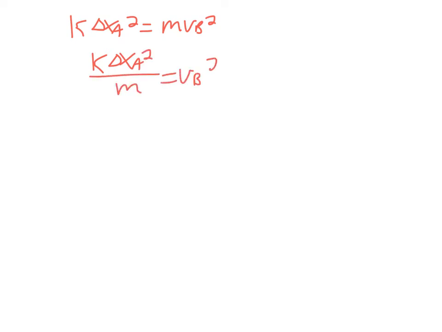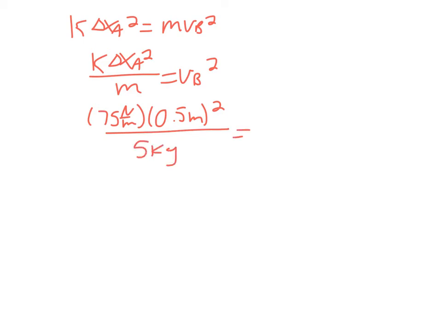My 1/2s cancel out since it appears on both sides, so K delta X at A squared equals M V at B squared. Isolating for V at B, I get K delta X at A squared over M equaling V at B squared. My K, 75 newtons per meter, times delta X at A, 0.5 meters squared, divided by my mass of 5 kilograms equals V at B squared.